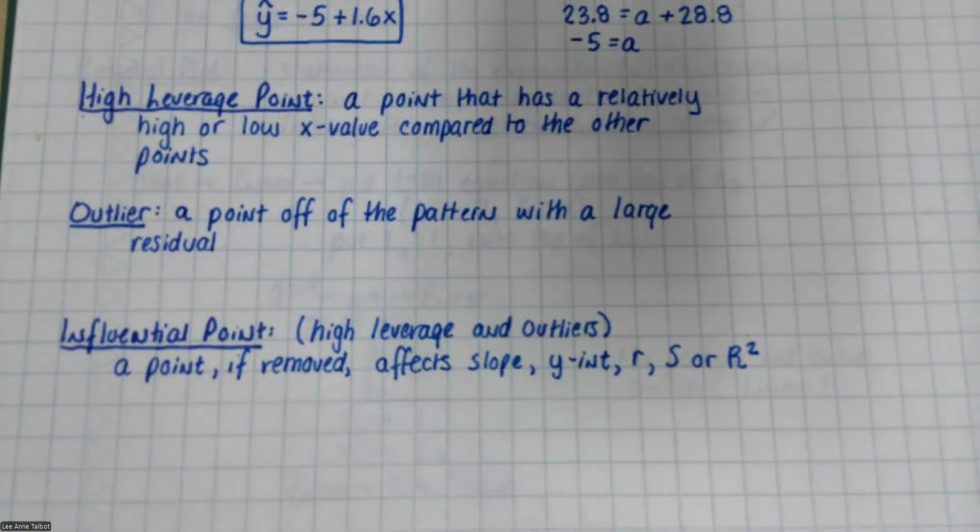So any point where you took it out and it would change all of your statistics or the way that it looks is called an influential point.